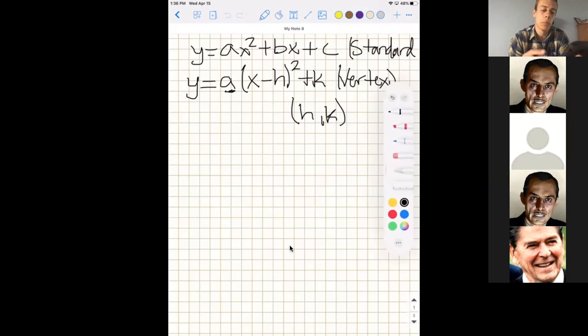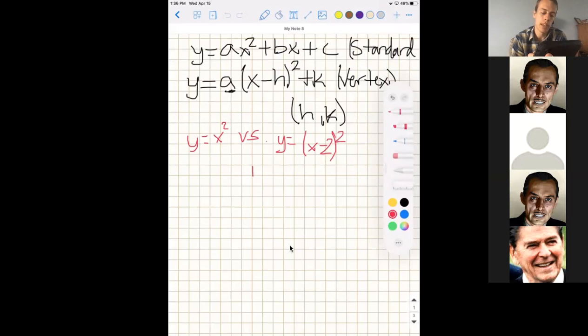So the first example I want to look at is what would happen when we compare two equations. We're going to say y equals x squared versus y equals (x minus 2) squared.